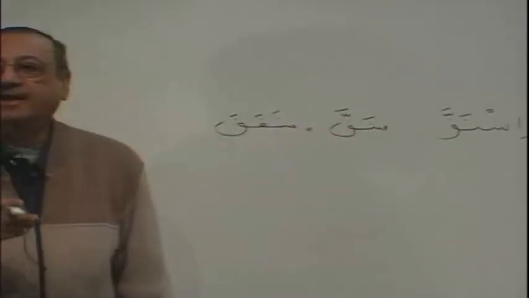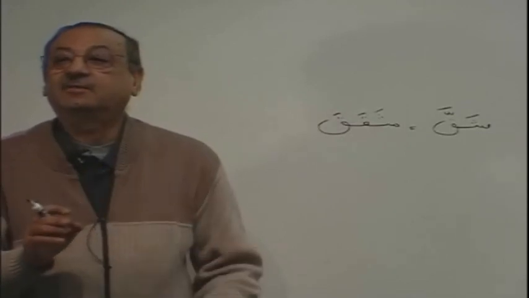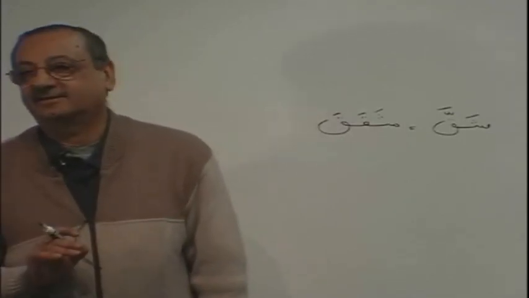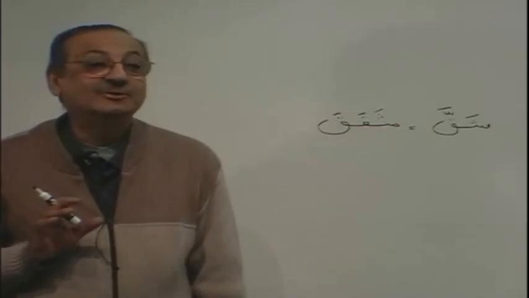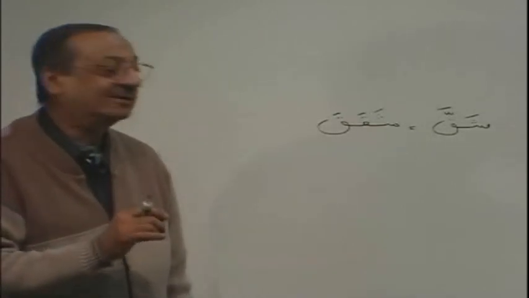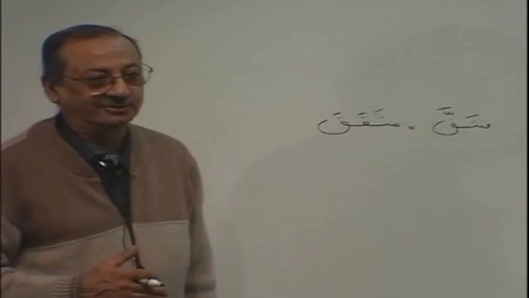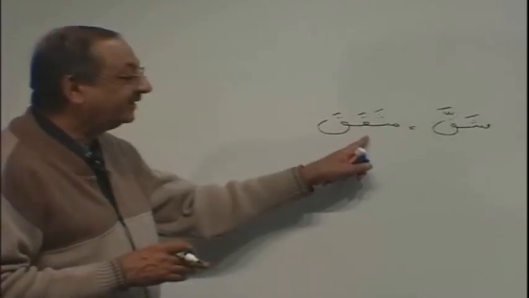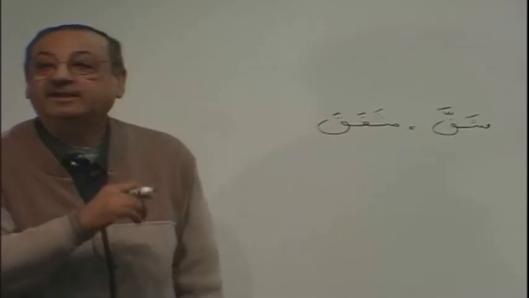Keep this in mind. Whenever Ain Kalima and Lam Kalima come together, the Ain Kalima loses its vowel sign and it is replaced with Sukun first. When you replace the vowel sign of Ain Kalima with Sukun, then the Shadda comes in. Are you with me, brother? So even if there is a Kasra, it will get a Sukun. If it is a Fatha, it will get a Sukun.